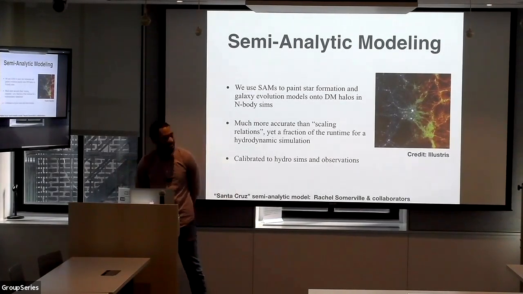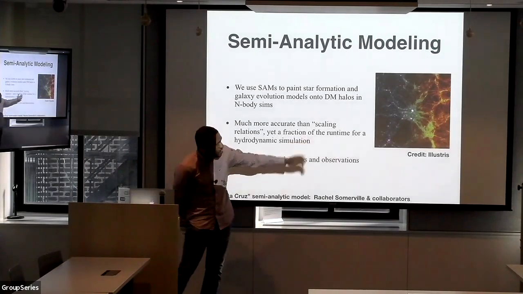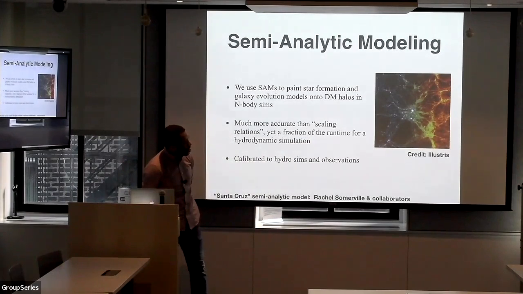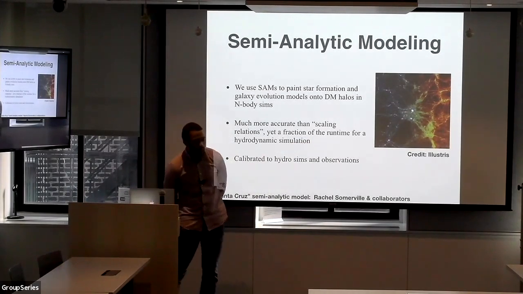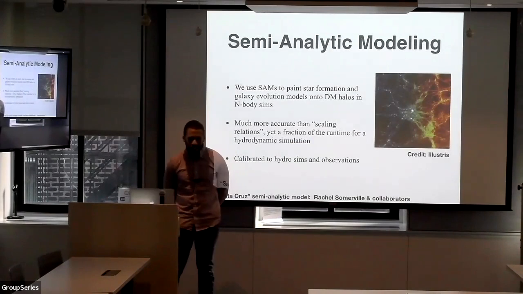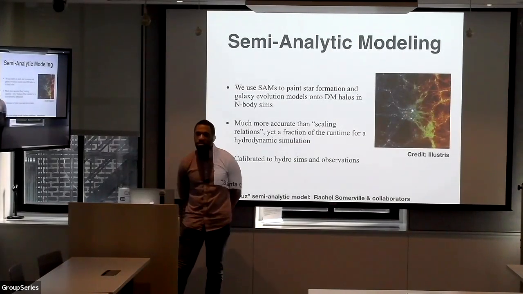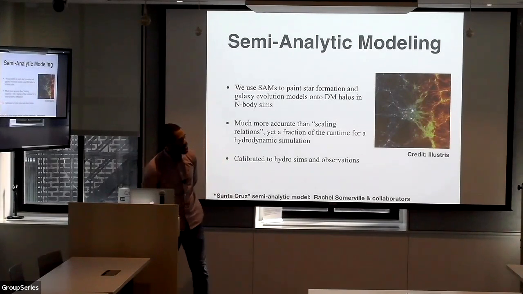So for example, this is a simulated box for the Illustris simulation, and for one box 300 megaparsecs on the side, it takes about 2 years to run one simulation. So that's very unfortunate.